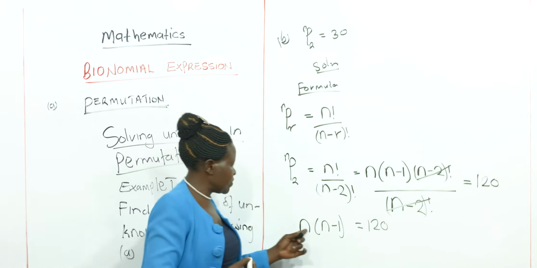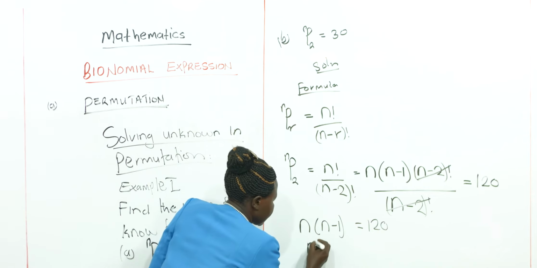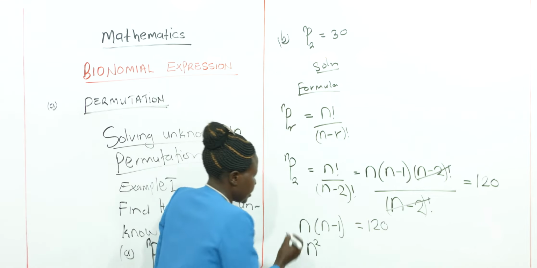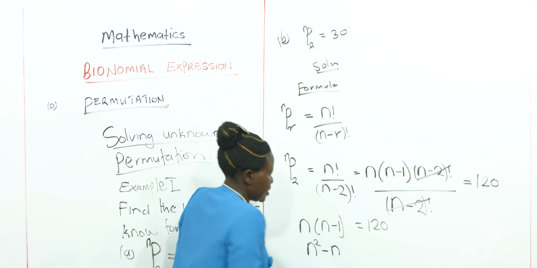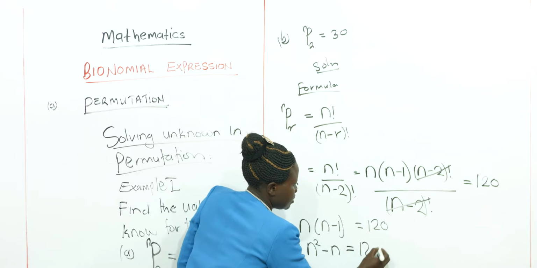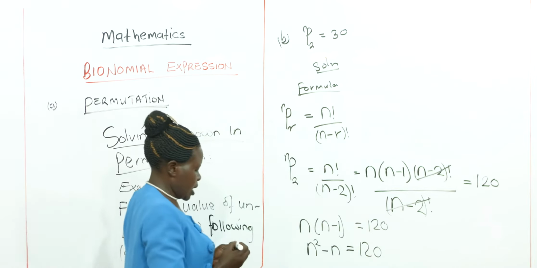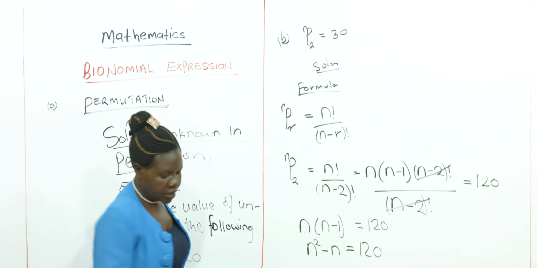And then when we open the bracket, we get n squared, and n times negative 1, we get negative n. Then we can form our equation, which ends with 0.